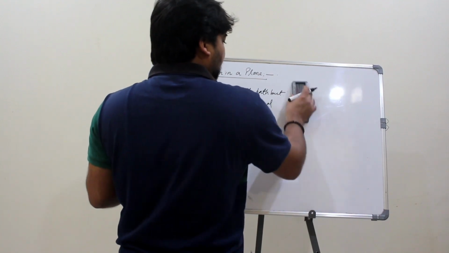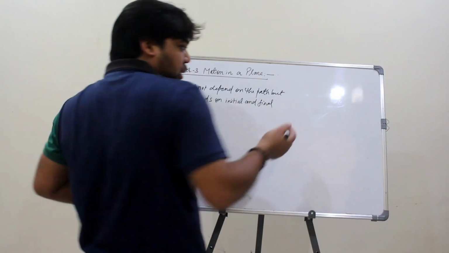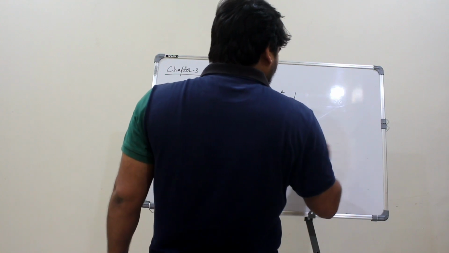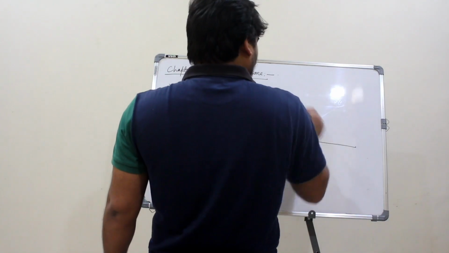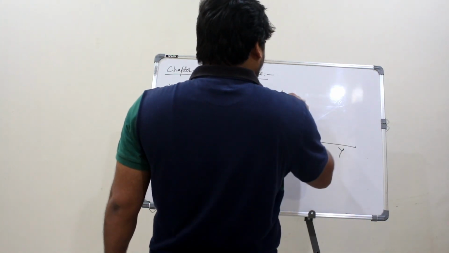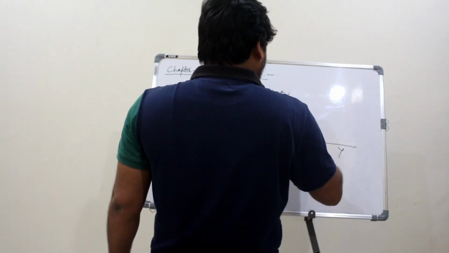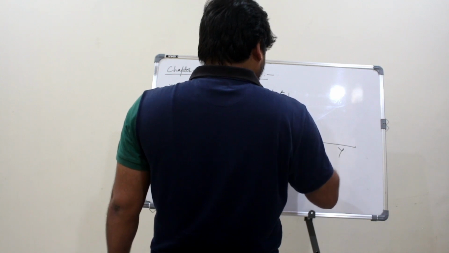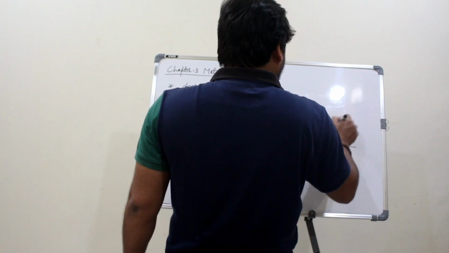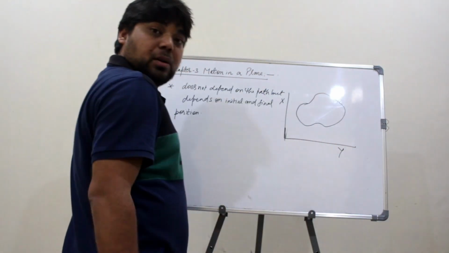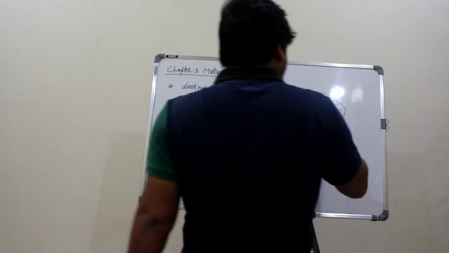Let us take an example to understand it more clearly. We have already taken one example in 1D, now we are taking 2D, with X and Y axes. You have a motion something like this.